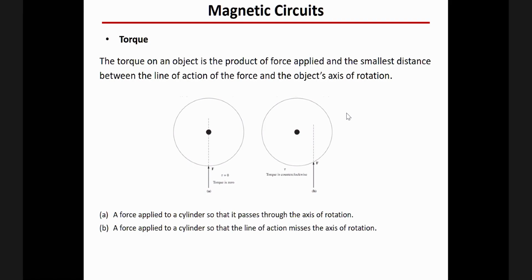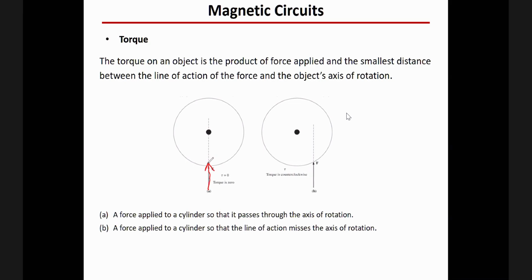To explain the torque, which is basically defined as the product of the force applied and the distance between the axis of rotation and the point of force, let's imagine that we have these cylindrical shapes you see in front of you. If we apply force at this point, there is no torque.